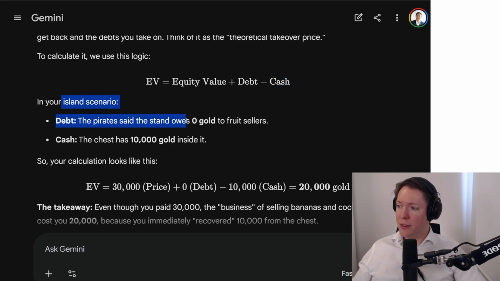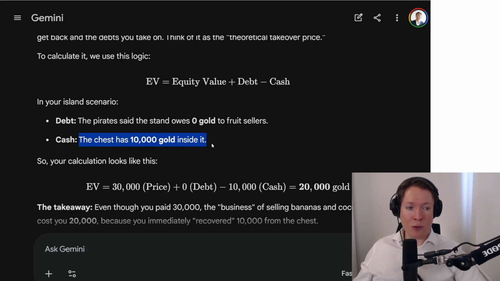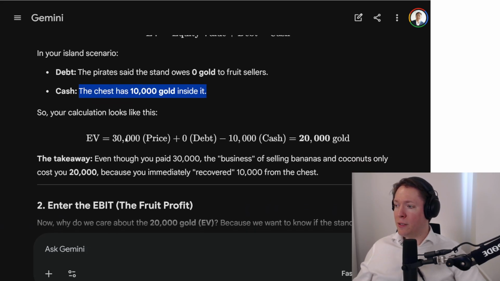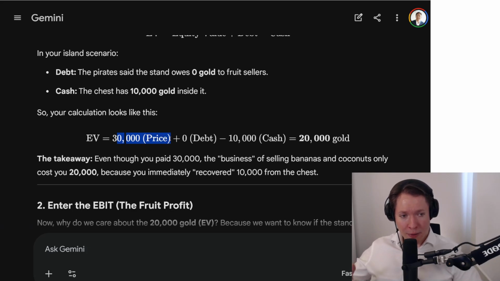In the scenario, the debt is 0 because the pirates don't owe anything, and we take over the business without any debt. So we just start with a blank sheet, but we have a chest with 10,000 gold in it. So enterprise value is the formula above: 30,000 for the price, that's what we actually have to pay.